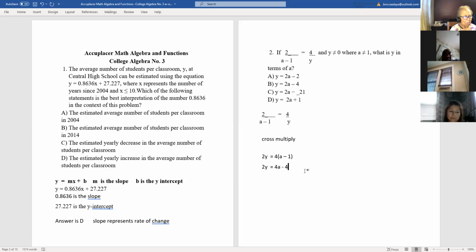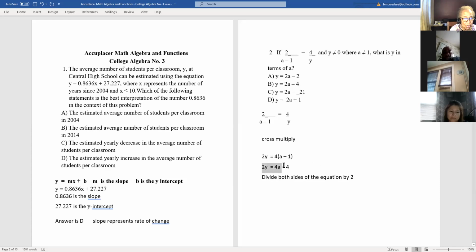Yeah, you're going to divide by 2. Divide both sides of the equation by 2. Now, what would that give me?